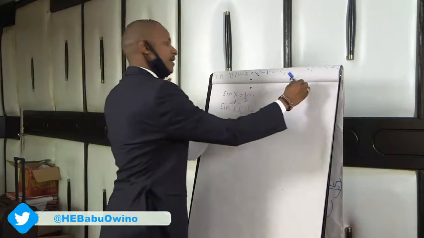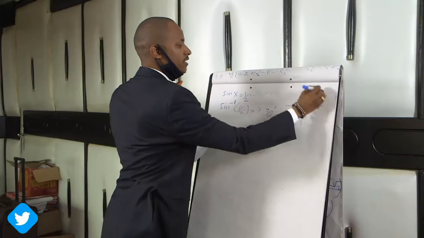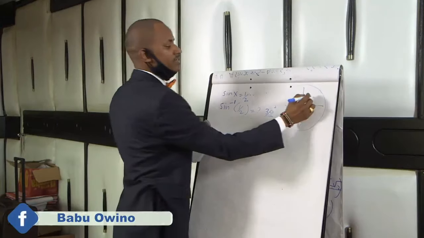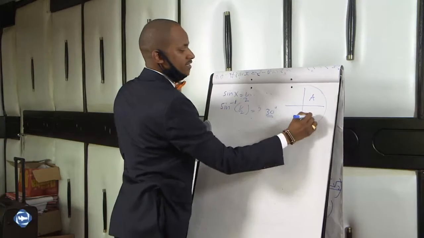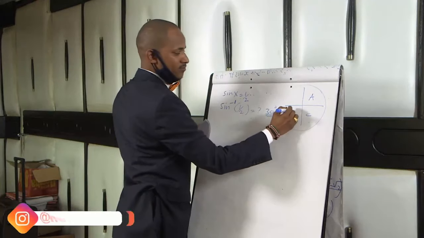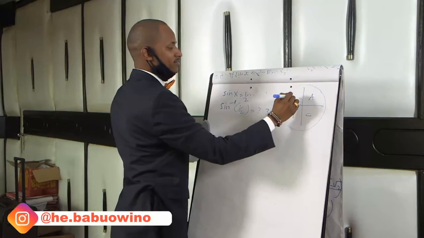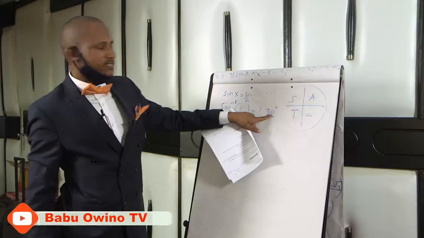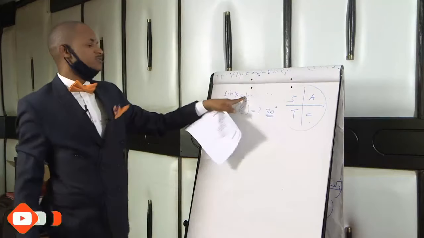Therefore, you draw the quadrant circle. In the circle, we said All Students Take Care. So the angle is 30 degrees, but this time round, it's positive.